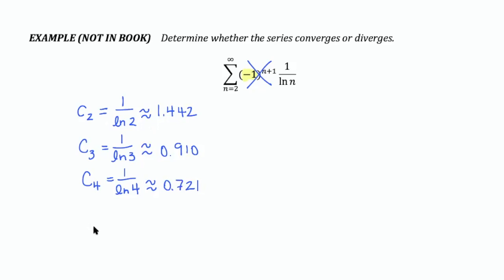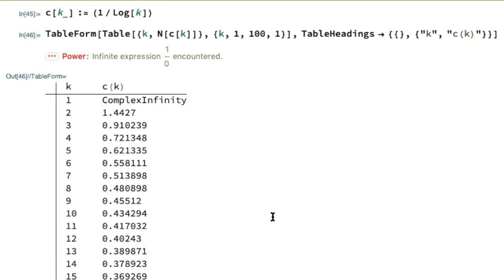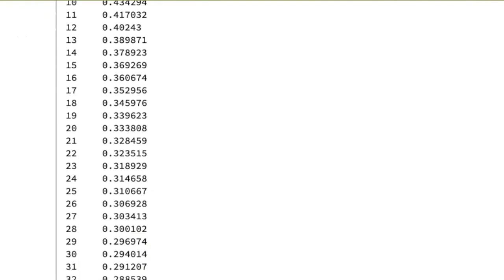And then are they approaching 0? So I'm in Mathematica now, and I've stored c of k as the function 1 over the log of k. So again, I'm ignoring the part that's controlling the sign of each term and just getting the value of each term. Here's the first 100, and they are decreasing. Now, what number are they headed towards?